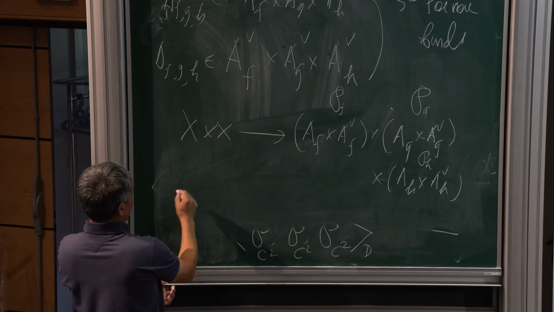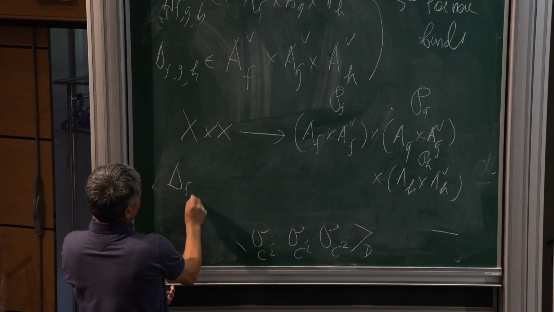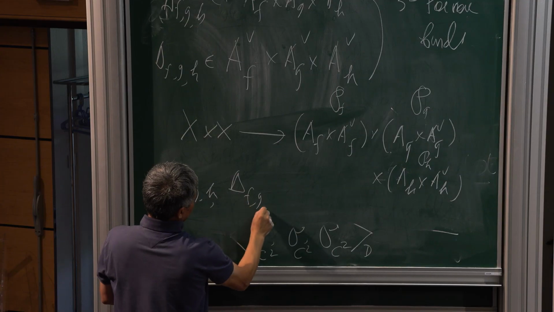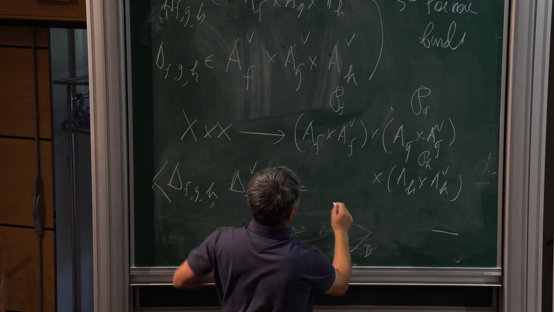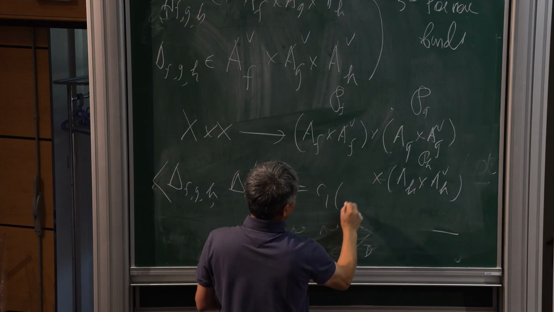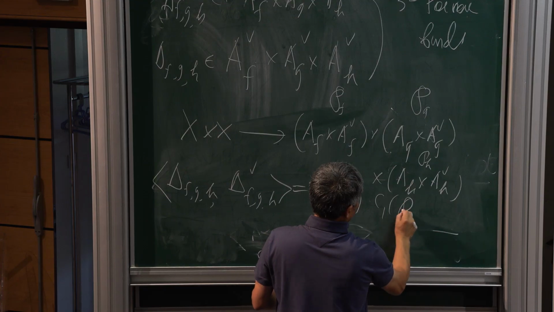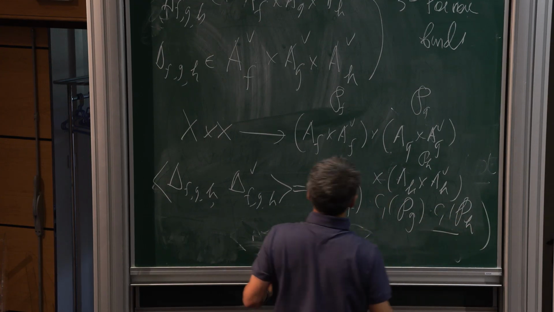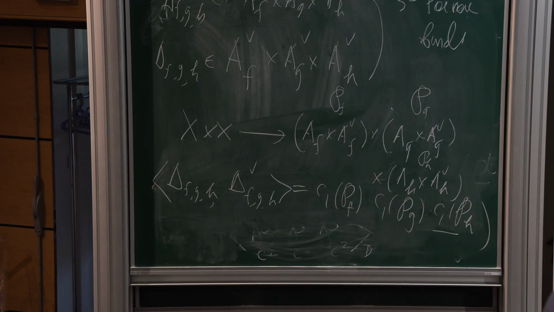So we computed the height of Delta_{fgh}, with the dual, equal to c1 of P_f, c1 of P_g, c1 of P_h. So this is a better definition, the automorphic version of the height of the Gross-Schoen cycle.